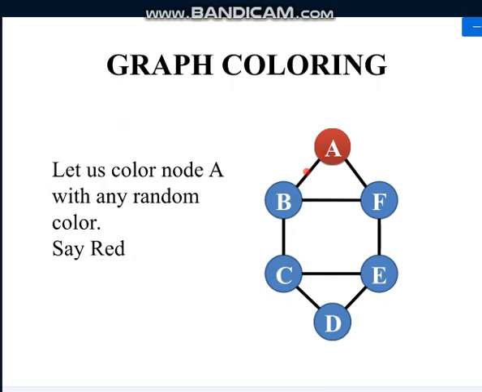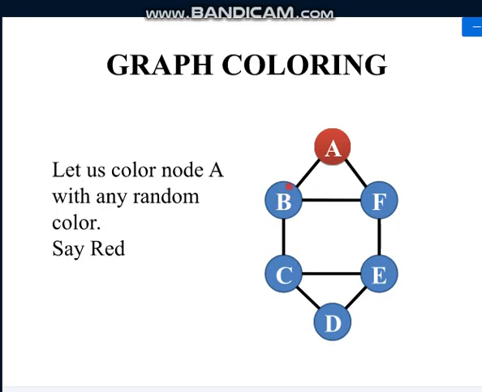Some random colors you can pick. So now because we have colored the node A with red, you cannot color node B also with red, isn't it?